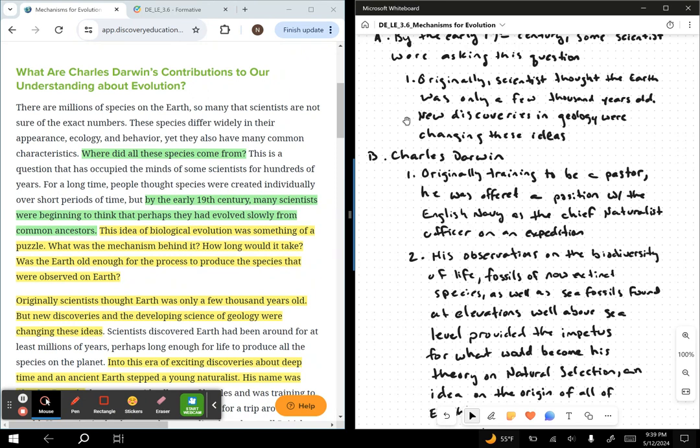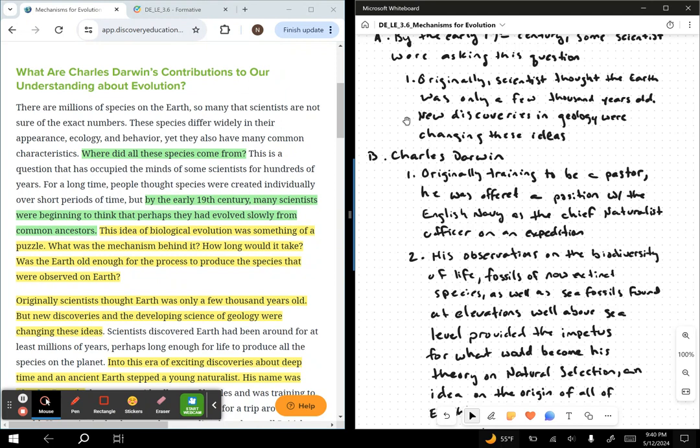Ideas about continental drift were starting to come up, the idea that continents may have formed a supercontinent at one time.